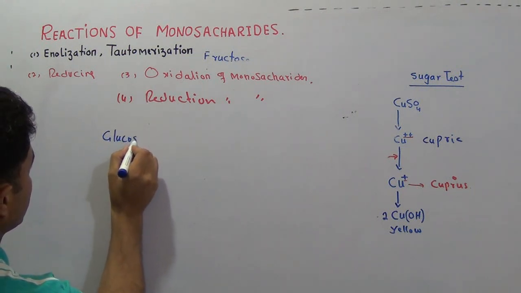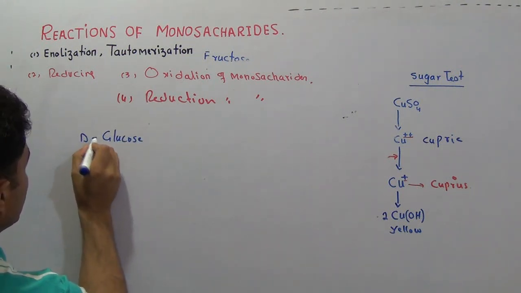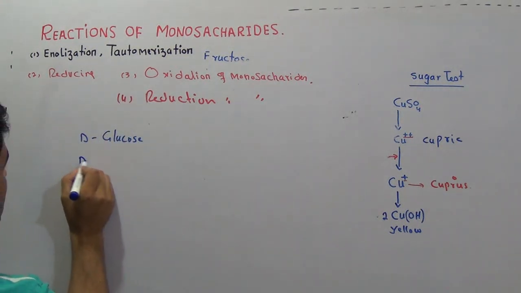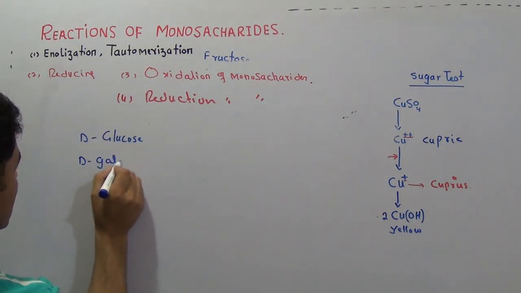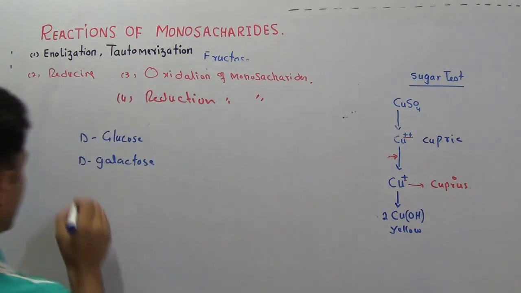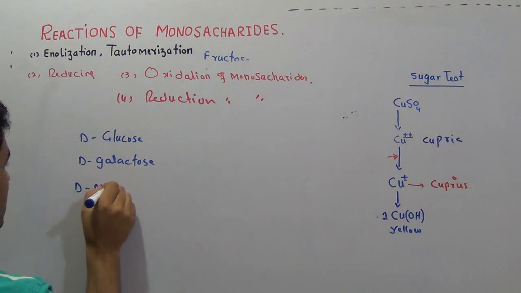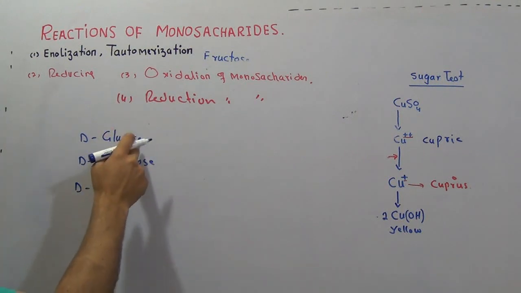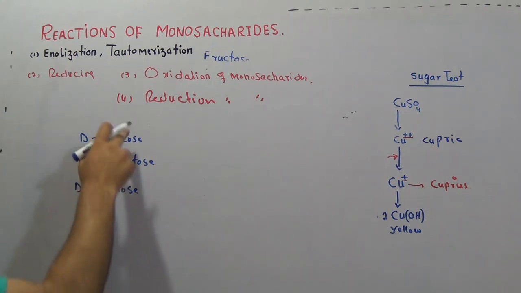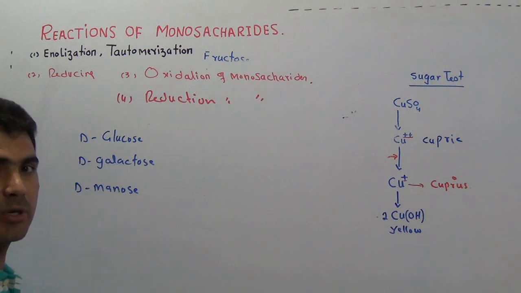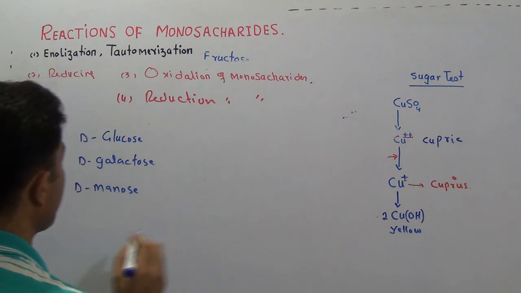You can take D-glucose, D-galactose, and even D-mannose. You know these are all isomers. We have already discussed this in the topic of epimerization or epimers.